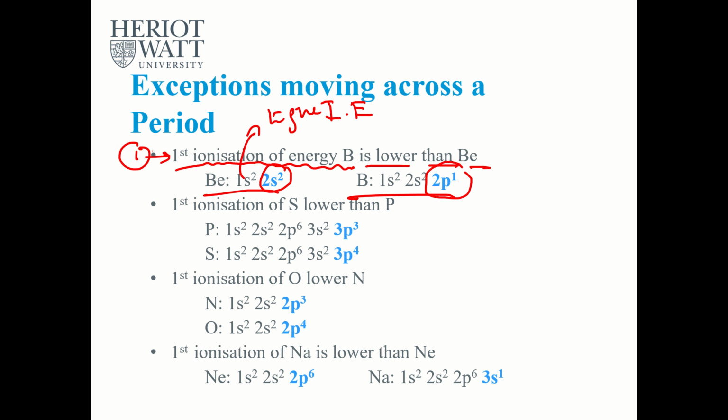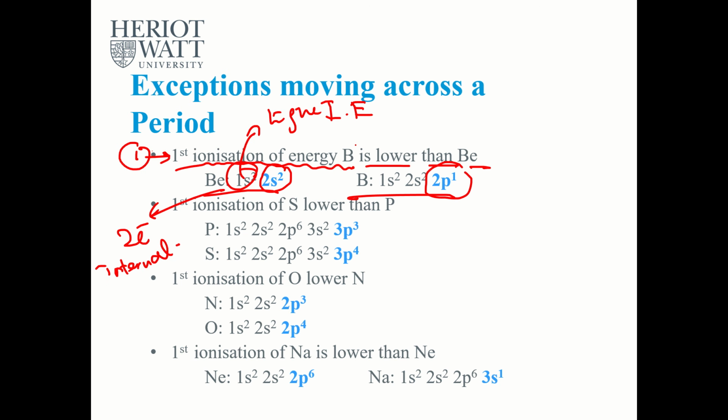We always take out electrons from the outer shell, from the outer orbital. In this case, beryllium is 2s. Boron is 2p. Now, obviously, this is about the shielding effect. Which one experiences a greater shielding effect based on the configuration? How do we know? Beryllium, how many internal electrons? 2 electrons internally.